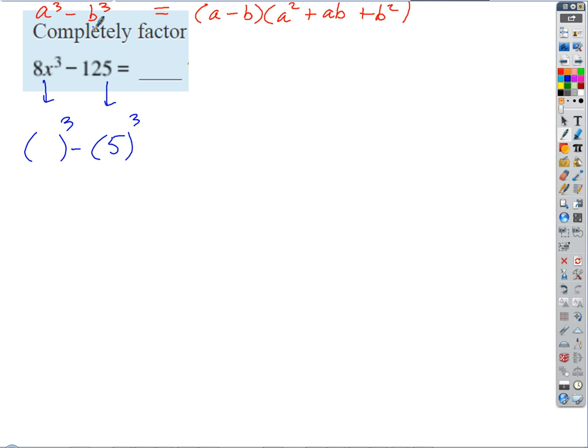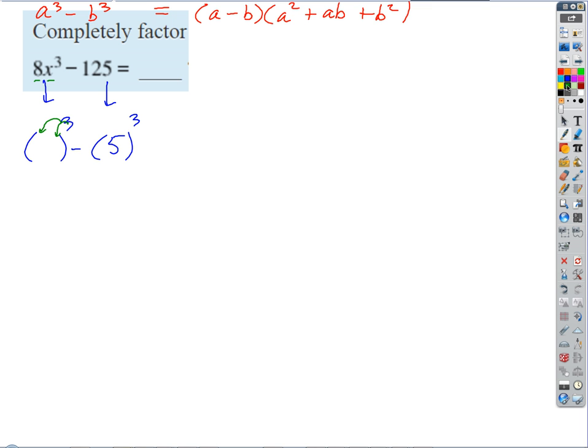What about the first one? And this is the tricky one. What could I cube and get back the answer 8 times x cubed? You kind of have to think about this in terms of, I'd have to distribute the 3 to both parts to make that happen, right? So when I distribute the exponent to the number and the variable, I would get those 2 parts, 8 and an x cubed. 2 and an x, right?